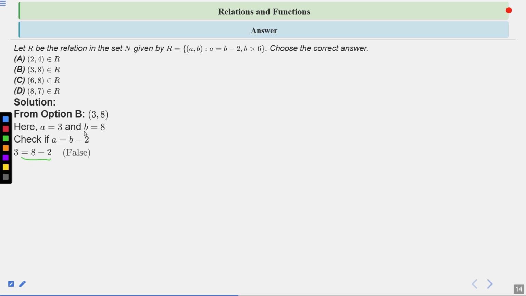If A is 3, B is 8, just put A as 3, then 8 minus 2 will be what? 6, which is not true. Now for the second condition, indeed the second condition is satisfied. Why? Because 8 is greater than 6 while the first is not. So 3 comma 8 does not belong to the relation R.